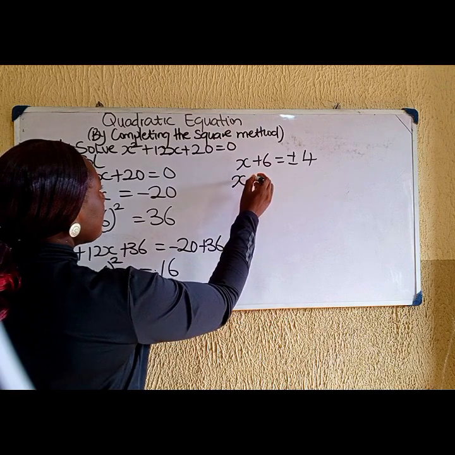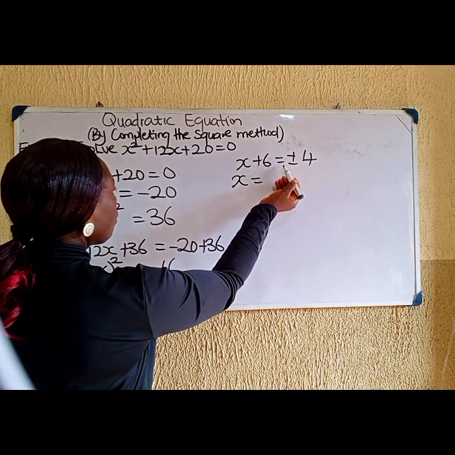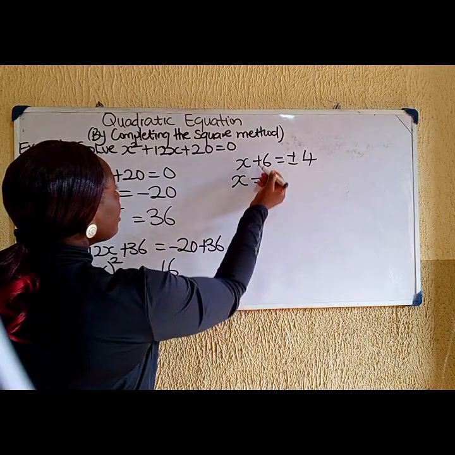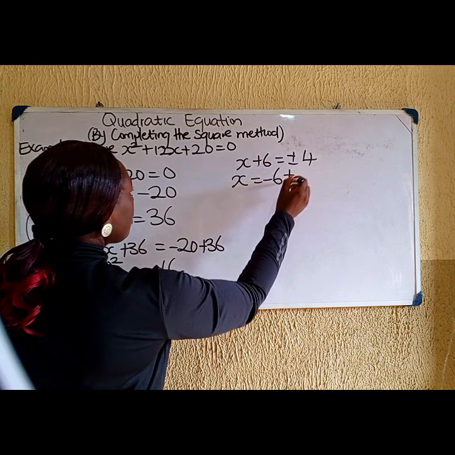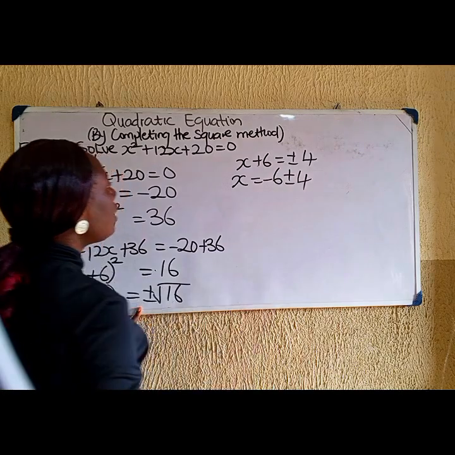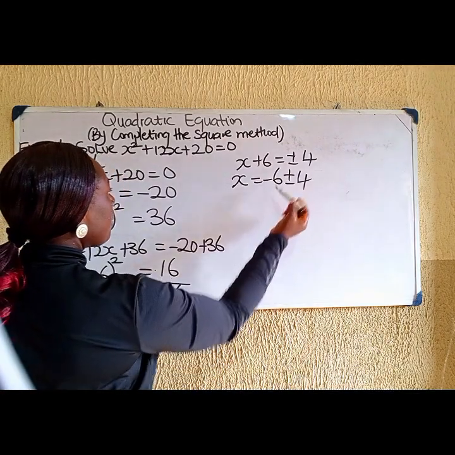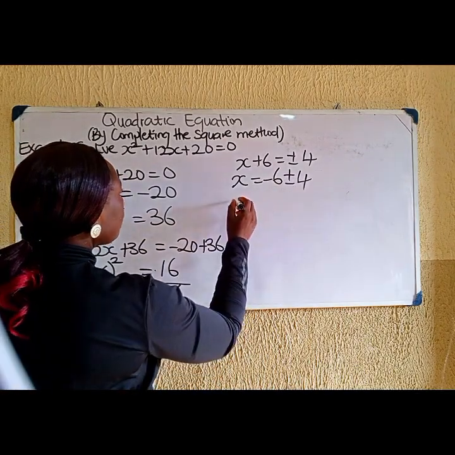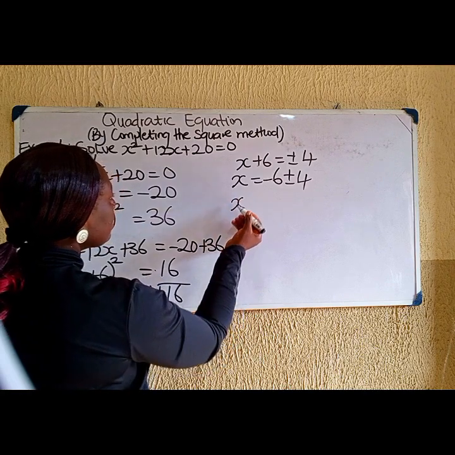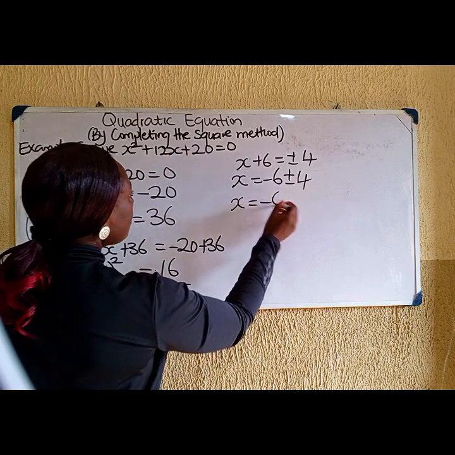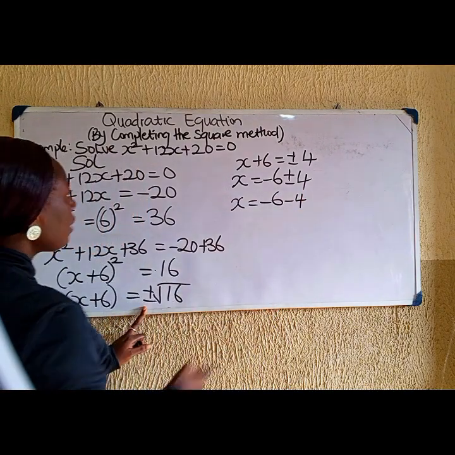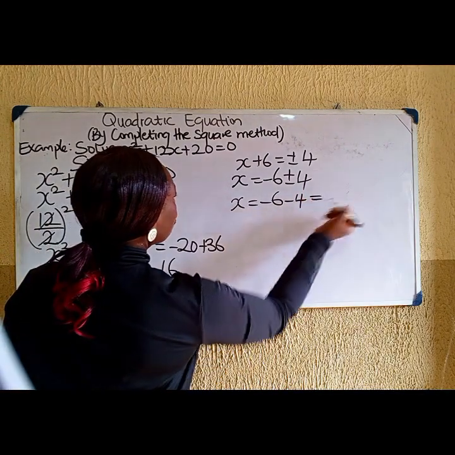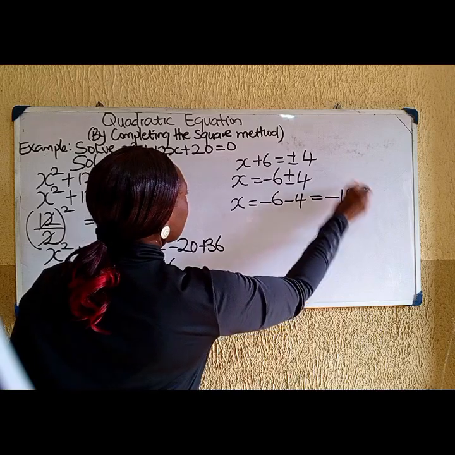Now, this plus 6 will cross over. So x is equal to minus 6 plus or minus 4. Now I have two values here, plus or minus, so I have to separate them. The first one is x equals minus 6 minus 4, which will give me minus 10.